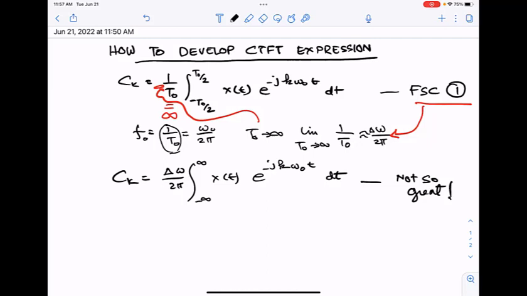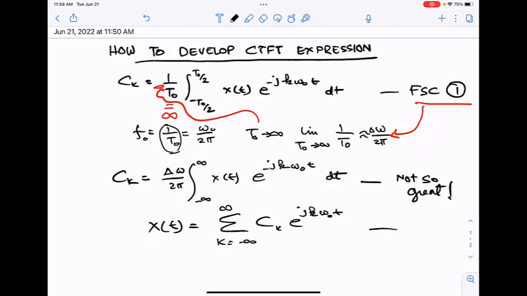Let's go back to the time domain equation, the Fourier series equation, which is written as x of t equal to summation, because period is finite, k from minus infinity to plus infinity, ck, same ck, e to the positive exponential j k omega 0 t, and no dt, etc., because this is summation.